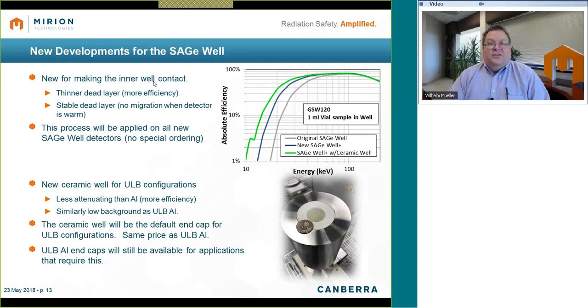Now we have a new technology that's a stable N+ contact, similar to the contact that we have on our BEGe detectors. The advantage of this is it's much thinner than our current contacts, and it's stable with temperature, much like our BEGe detectors. And I show an example of the benefits of this thinner contact, where, again, I'm showing the absolute efficiency on the vertical axis versus energy.